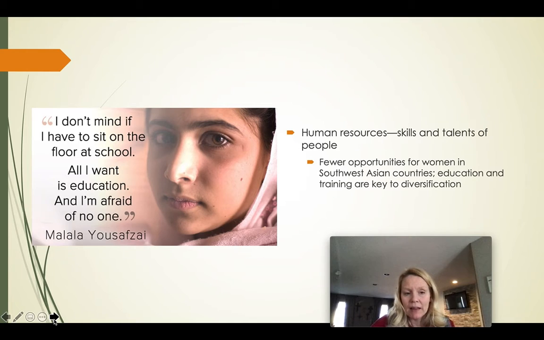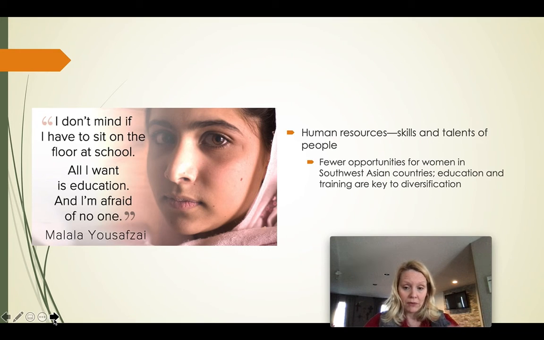And last and not least, the human resource. In Southwest Asia, we realize that humans can change their environment like every other place, and the environment shapes humans just like in every other place. And it's taken a long time, it's fair to say, in Southwest Asia, for people to realize how much skill and talent people have.